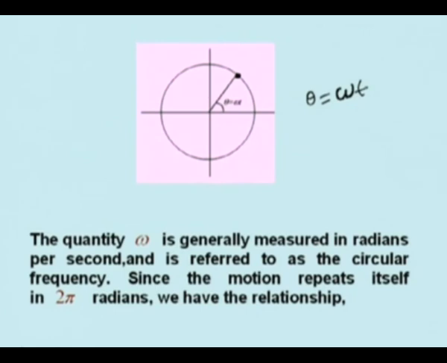Why theta equal to omega t? Because it is moving with a uniform velocity, so between any two equal time intervals, the displacement should be the same. So omega must be some constant, and theta is equal to some constant times time.